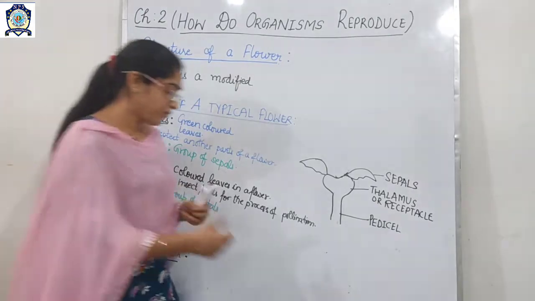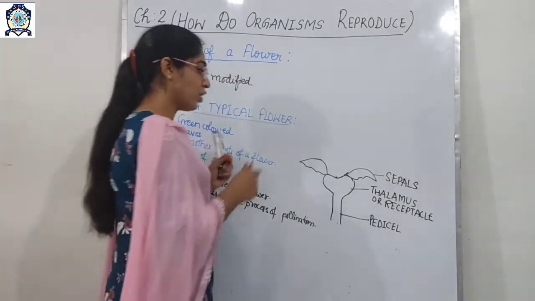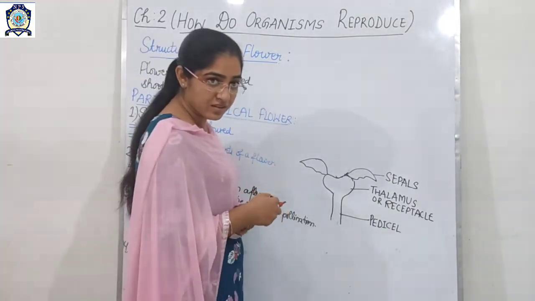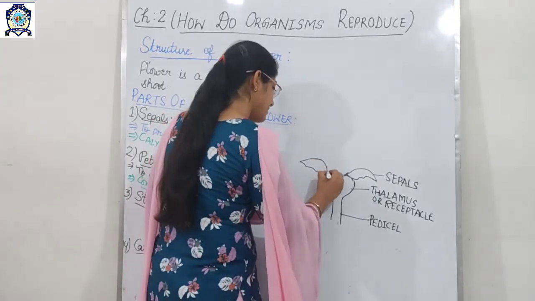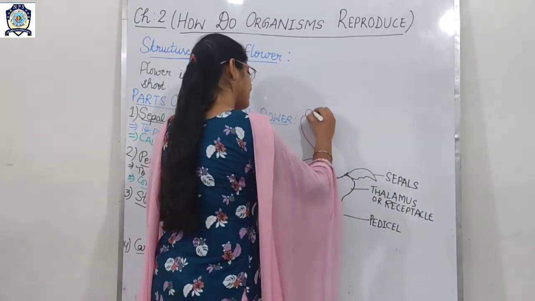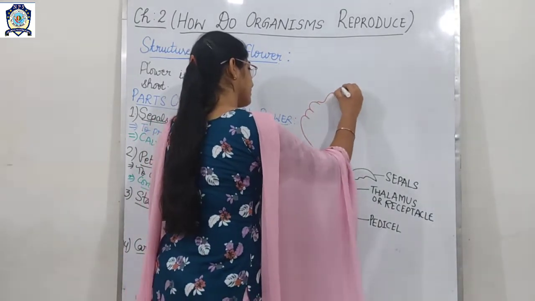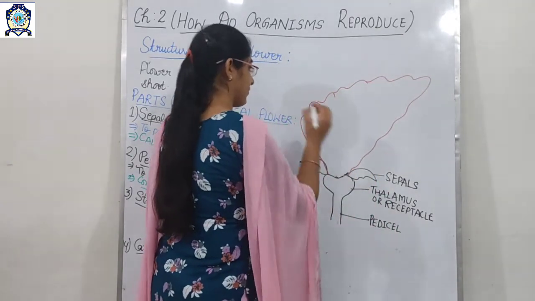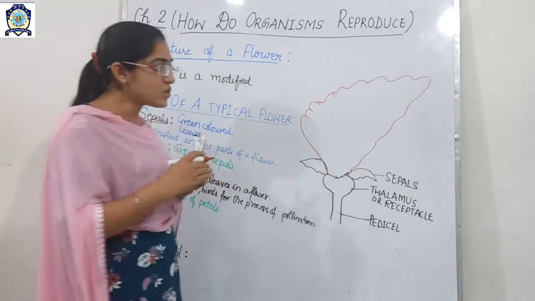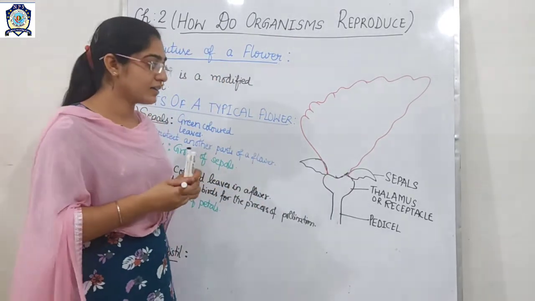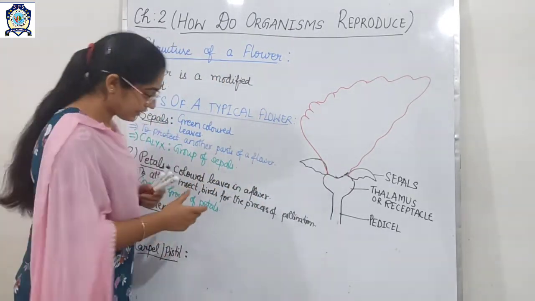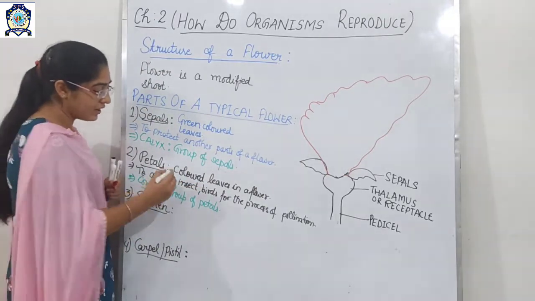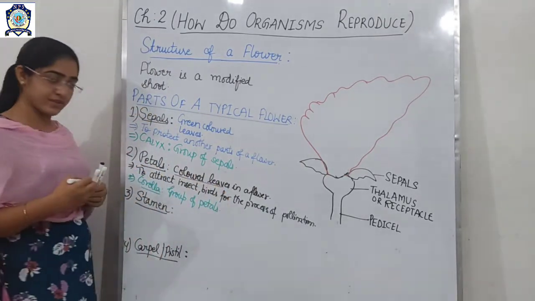So how we can observe here, also from the receptacles the petals arise. Okay, so in this way petals they are colored. That's why I have written here the colored leaves.